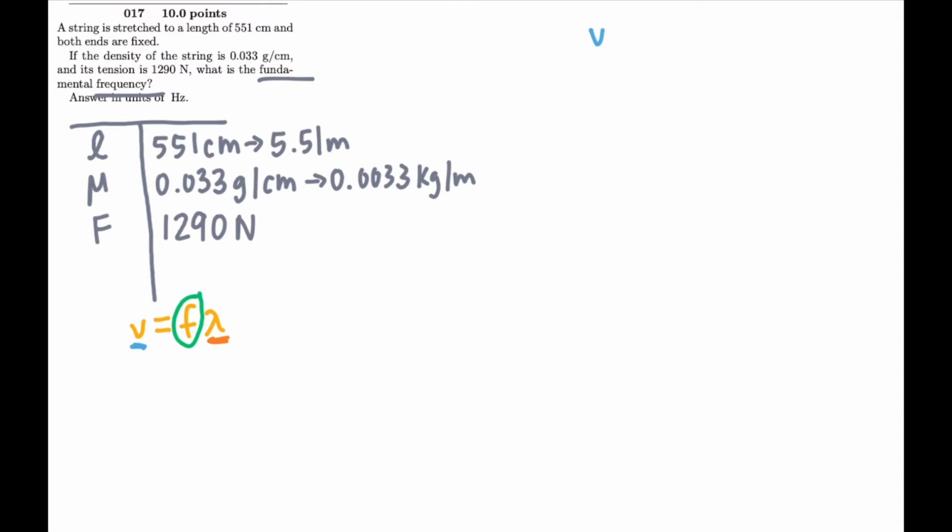this equation. Velocity is equal to the square root of the force divided by the linear density, okay? So velocity is equal to the square root of 1,290 divided by 0.0033.